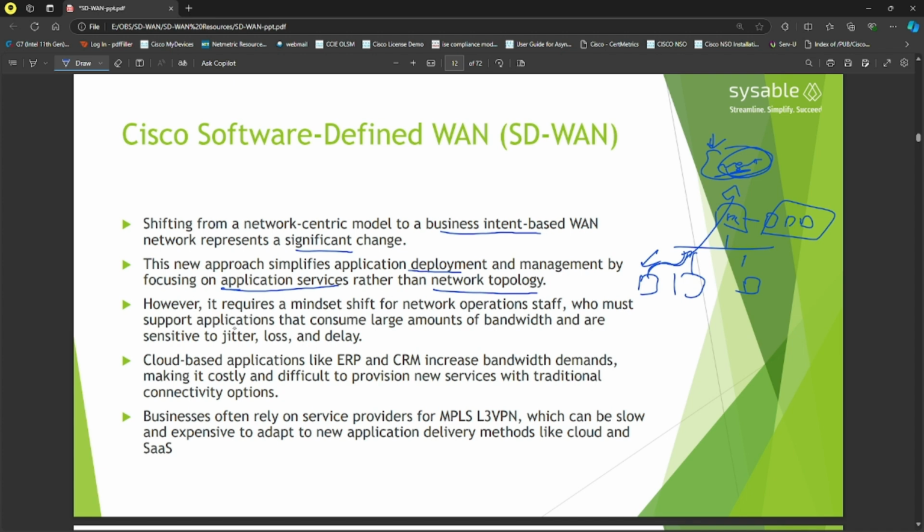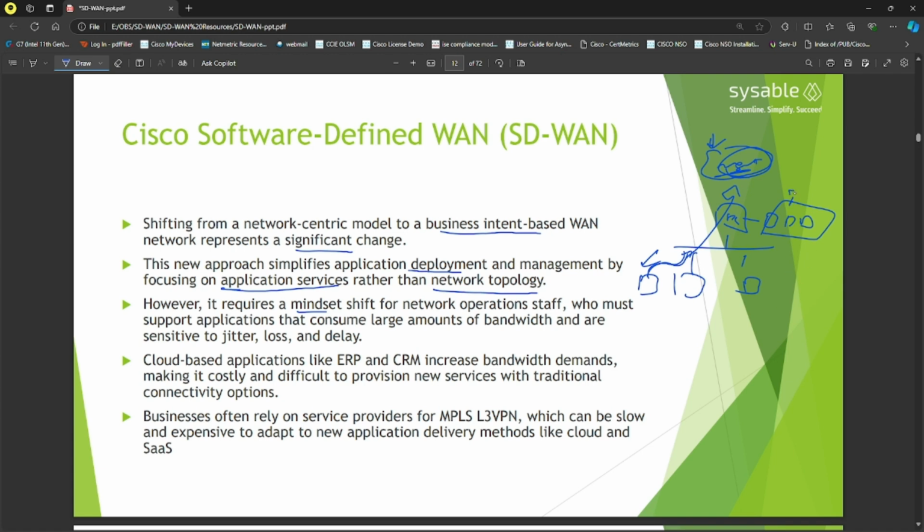However, it requires a mindset shift for network operations staff who must support applications that consume large amounts of bandwidth and are sensitive to jitter, loss and delay. Traditionally, all these configurations have been done by the CLI, by network engineers. But we need a mindset to move to software-defined networking in order to utilize these kinds of benefits.